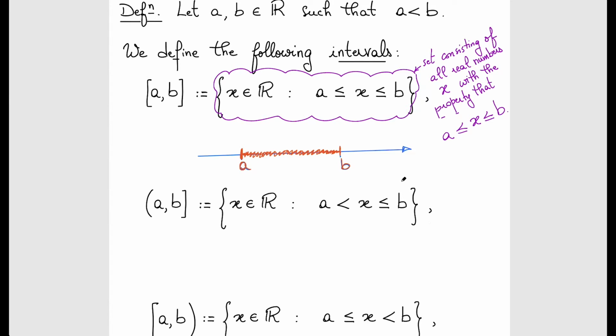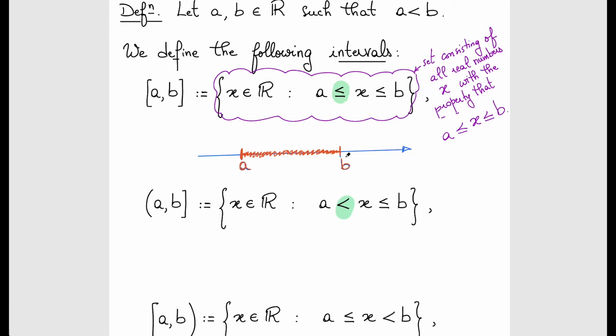It's embedded in this writing. So this set is by definition the collection of all real numbers that are still between A and B, but they cannot actually reach A, but they are allowed to reach B. Okay, so the difference between this set and the previous set is actually right there.